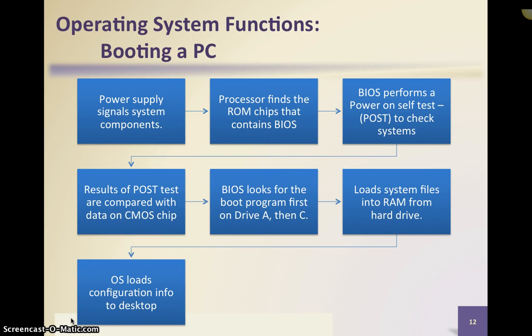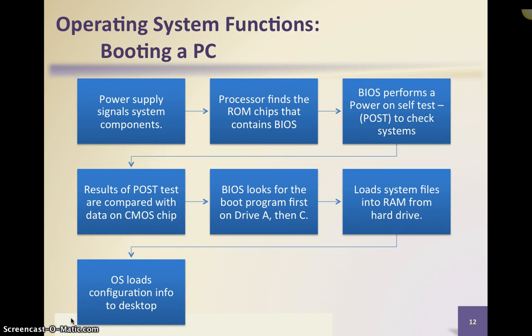The results of the POST test are compared with that status. If everything matches up, then we go on to the next step, which is that the BIOS looks for the boot program. So now we've decided that everything on the computer is fine, and we are ready to boot.